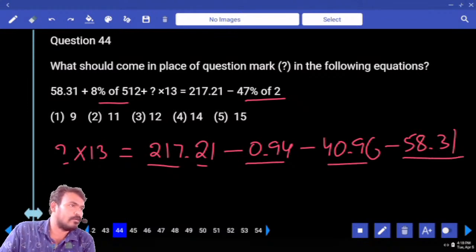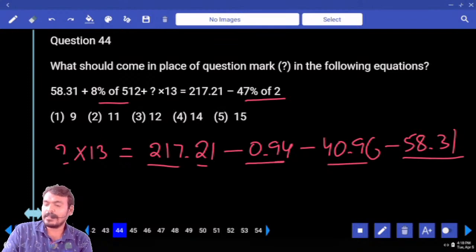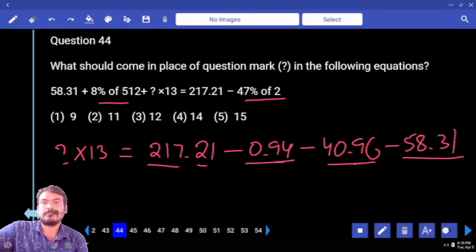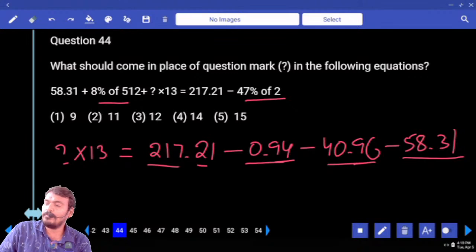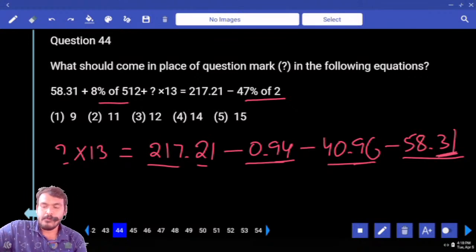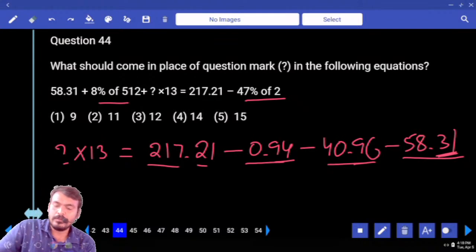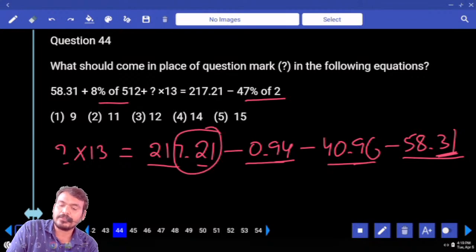It is the actual question, or not? Minus 94 and minus 96. 1.90, or not? 1.90 and 0.31. 2.21, or not? 2.21. 7.21 minus 2.21.